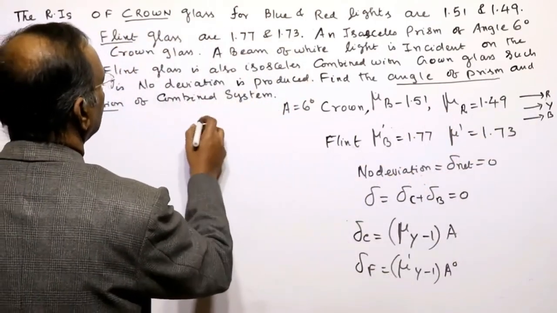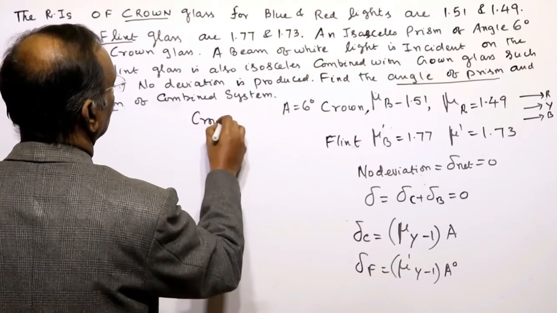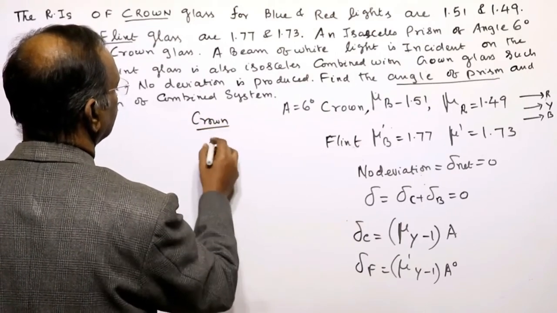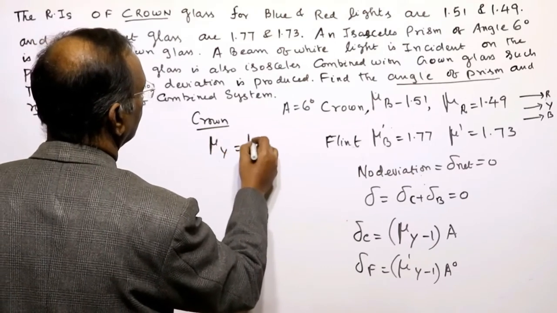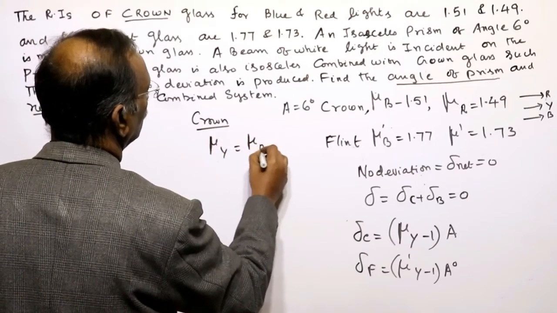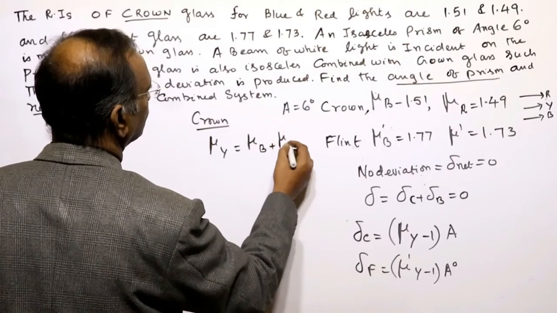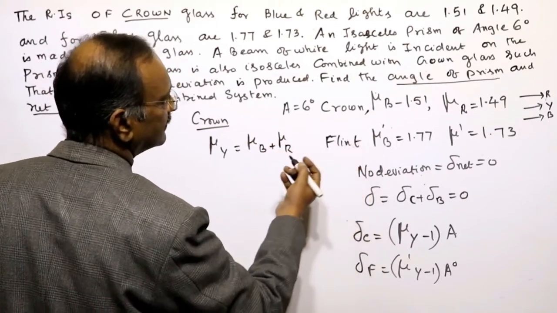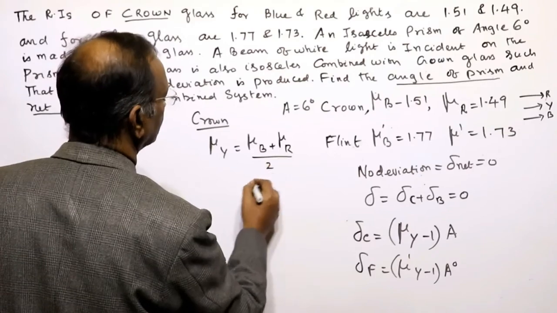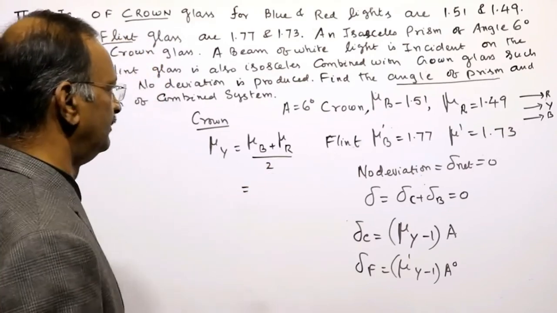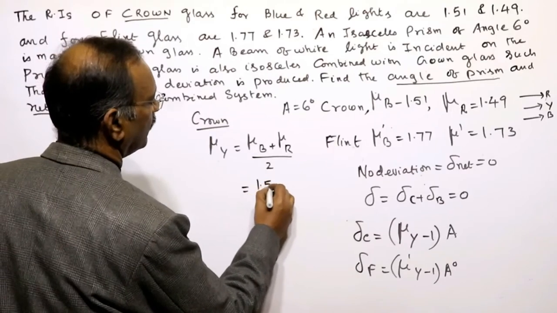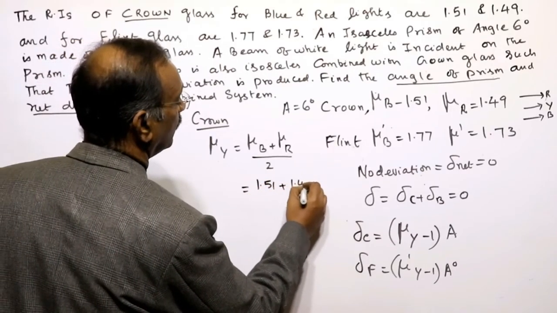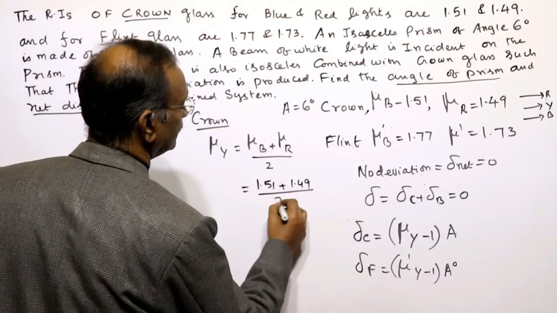So for crown glass, the refractive index of yellow is equal to refractive index of blue plus refractive index of red divided by 2, which is equal to refractive index of blue for crown glass 1.51 plus 1.49 divided by 2.